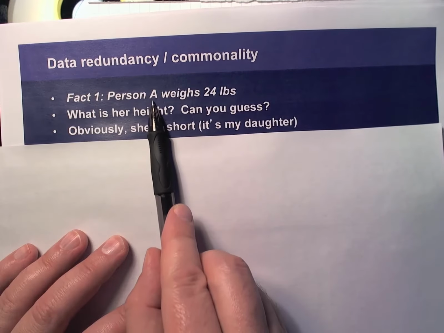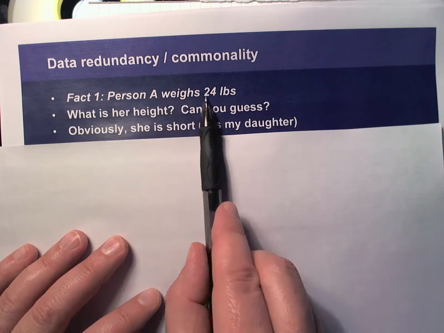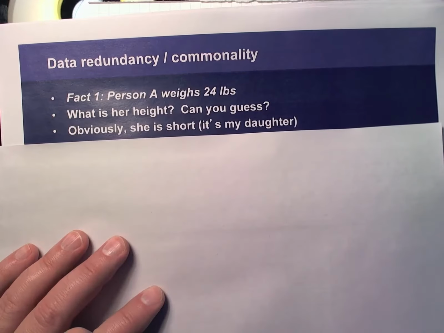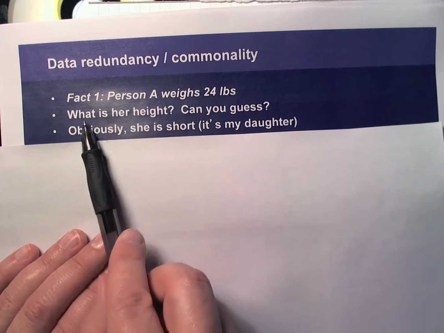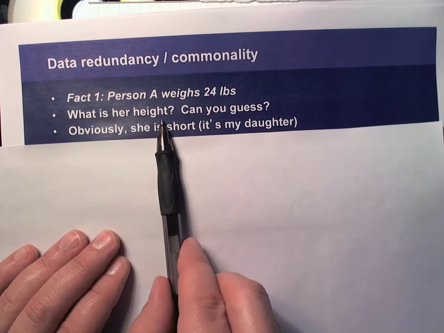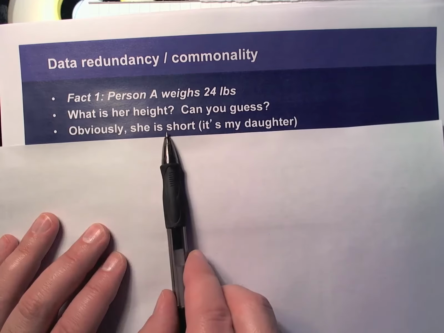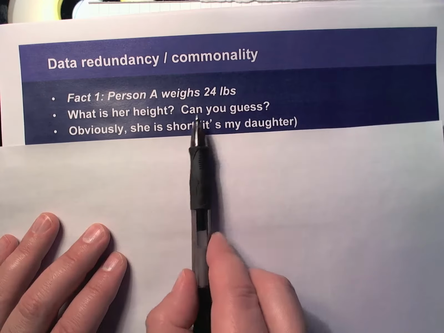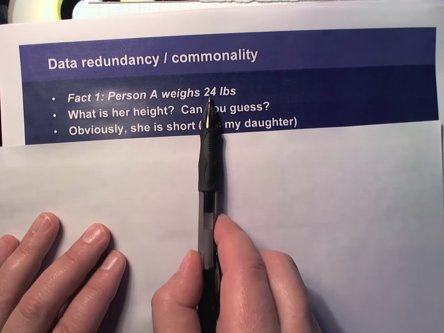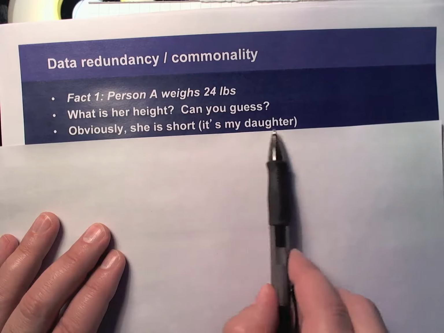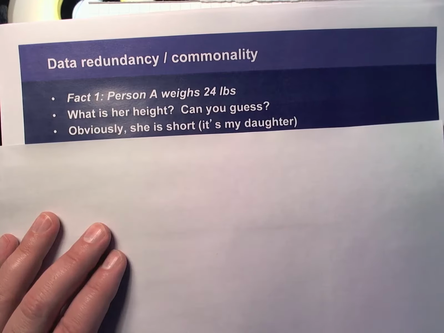Let's suppose a specific person has a weight of 24 pounds. That's sort of like 10 kilograms. And the question is, what is this person's height? Can you guess? Well, clearly this person is very short because this is a very small weight. And this was my daughter a long time ago when she was little.